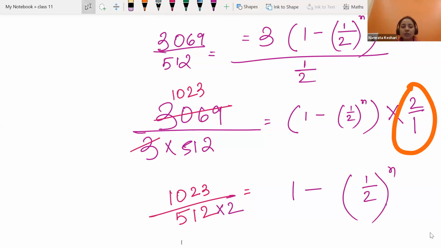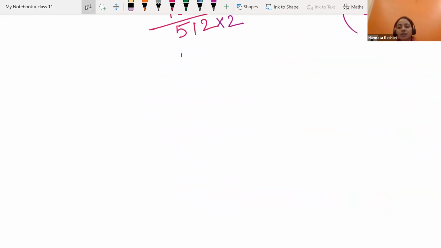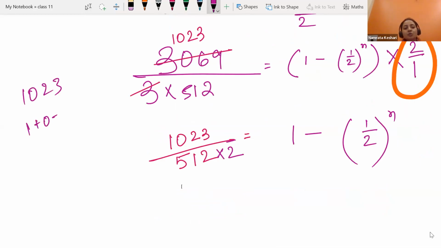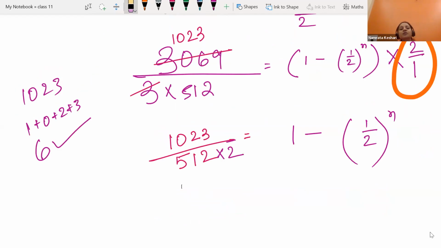If you are thinking what I am doing, I am using the divisibility rule of 3. Do you know what the divisibility rule of 3 is? I think so. If the sum of the digits is divisible by 3, then the number will be divisible by 3. For 1023, 1 plus 0 plus 2 plus 3 is 6, so it is divisible by 3.